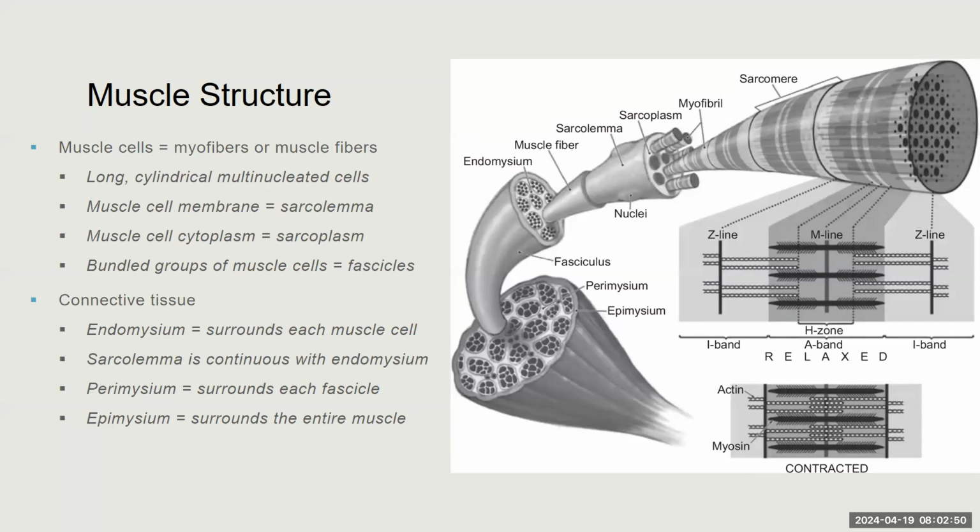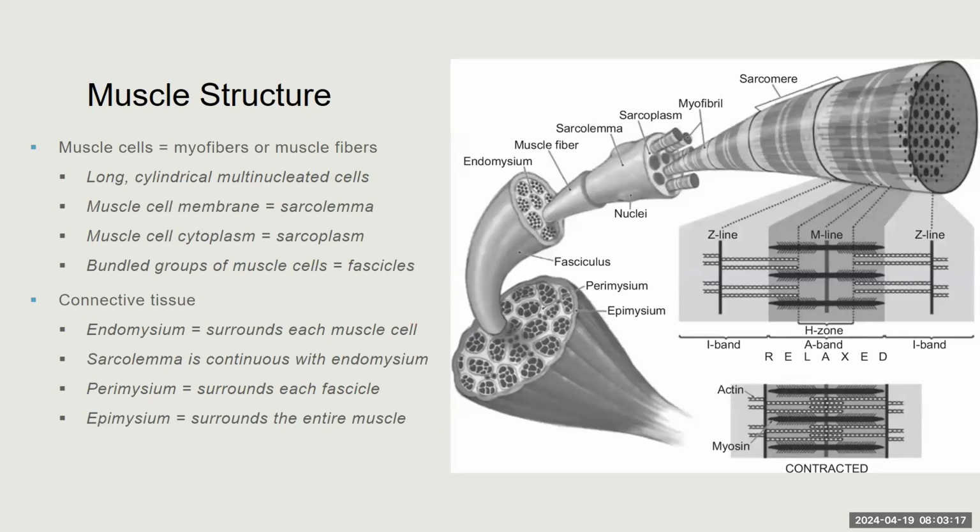So we'll start off at the basics, looking at muscle structure. Each muscle cell is made up of all sorts of different aspects. Muscle cells themselves are long, cylindrical, and multinucleated. The muscle cell membrane is called the sarcolemma. The cytoplasm is called the sarcoplasm. A bundled group of muscle cells is called a fascicle.